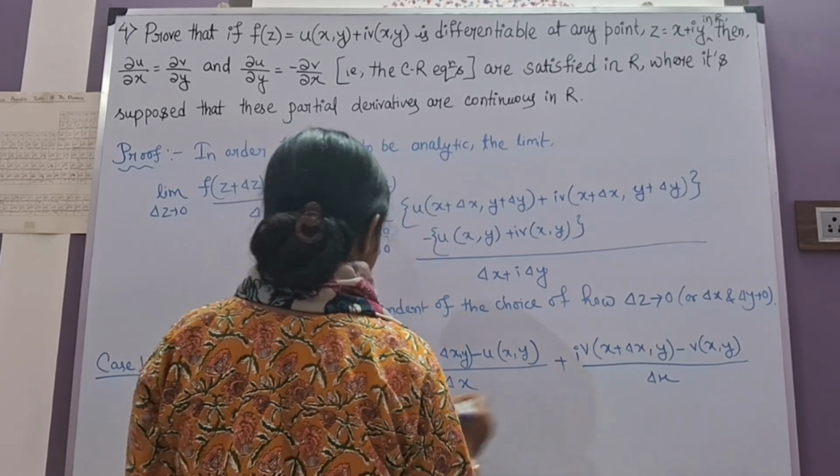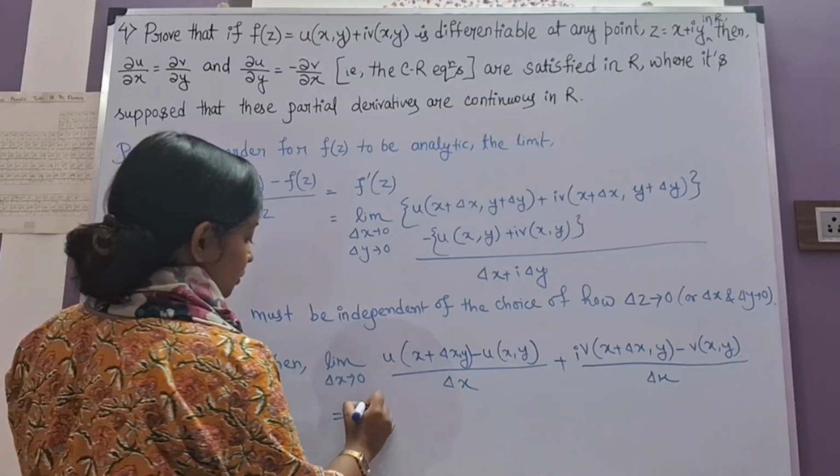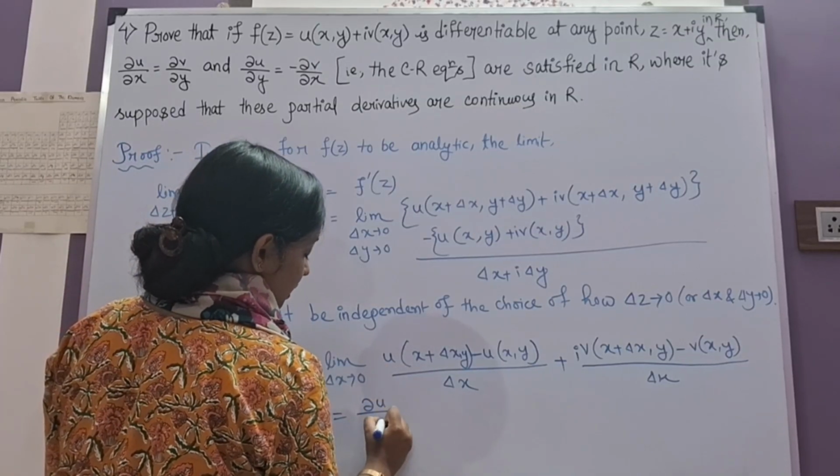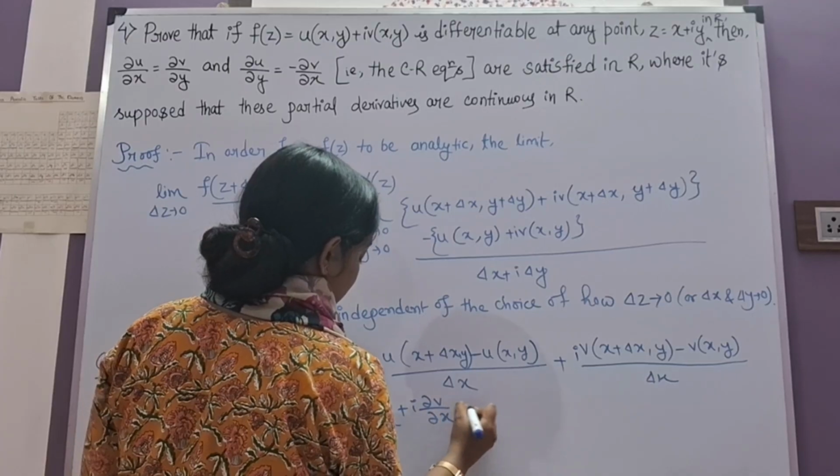So now this is equal to del u del x plus i del v del x.